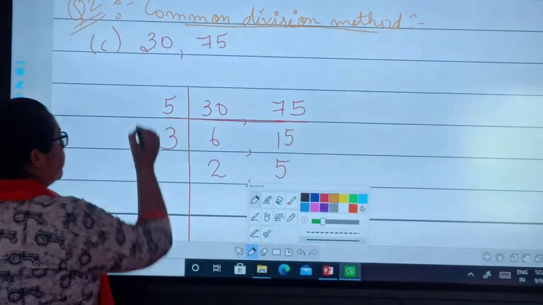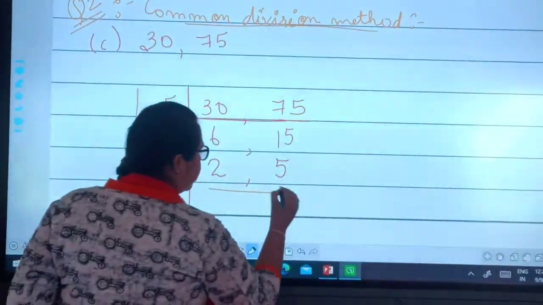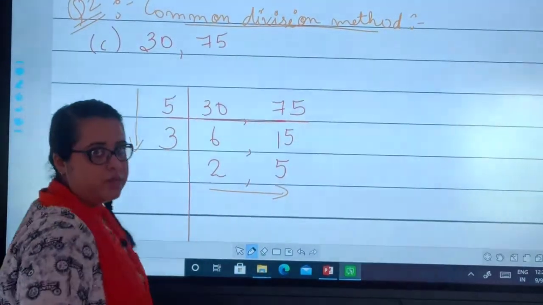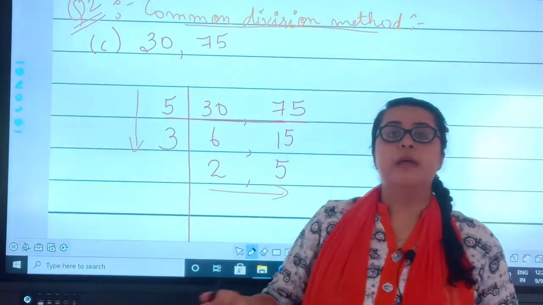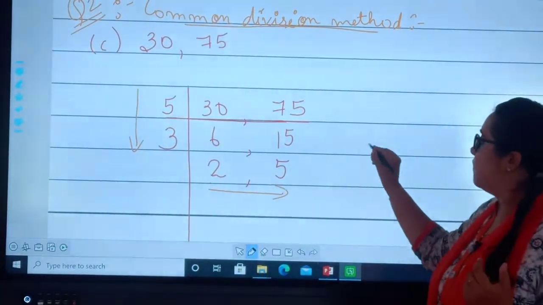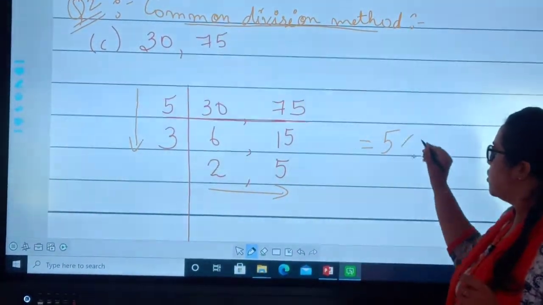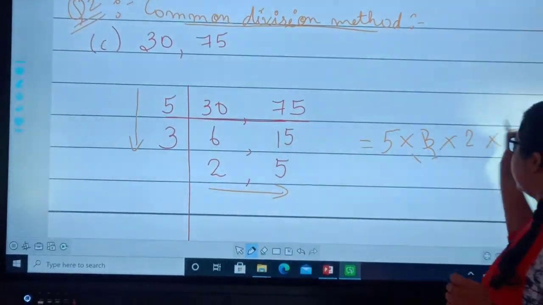Now I will multiply this 5 into 3 and 2 into 5. These two are prime numbers. Whenever I end on a prime number, then I will multiply it simply. So I will multiply 5 into 3 into 2 into 5.